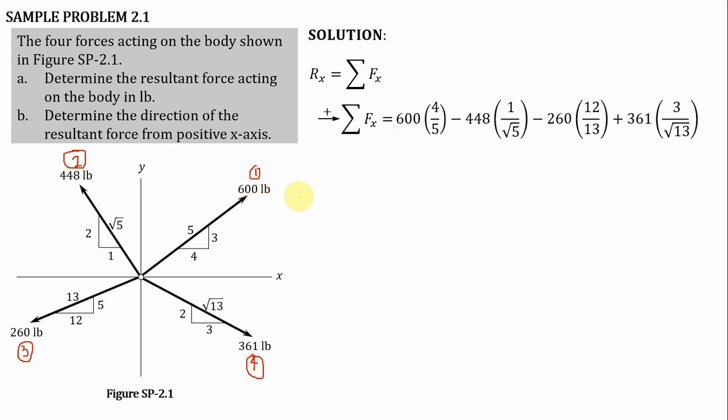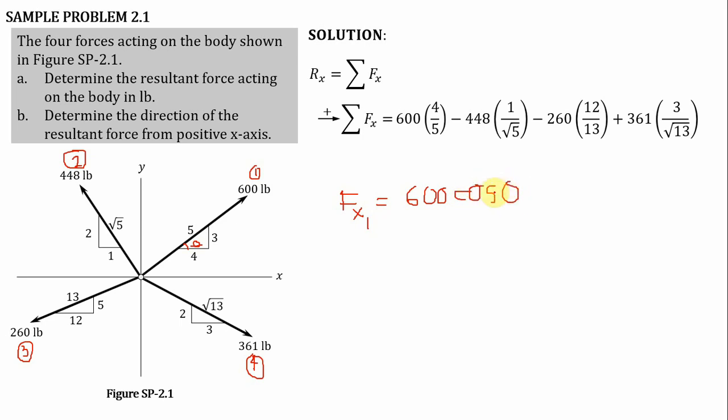Okay, so una tayo sa force 1. What is the horizontal component of 600 pound force? 600 pounds, and let this we call as theta. So if we solve Fx1, that is 600 pounds cosine theta.